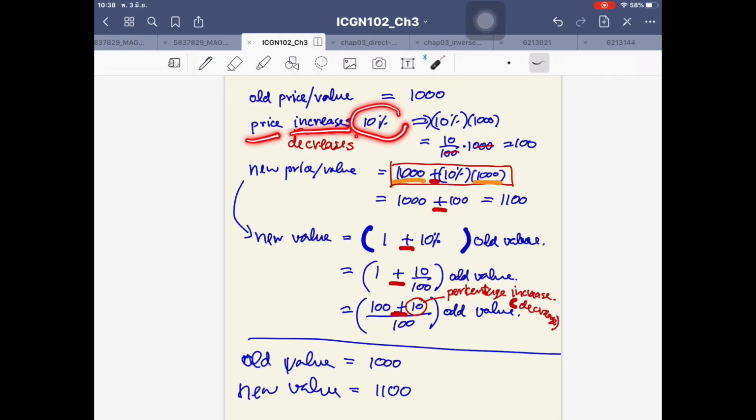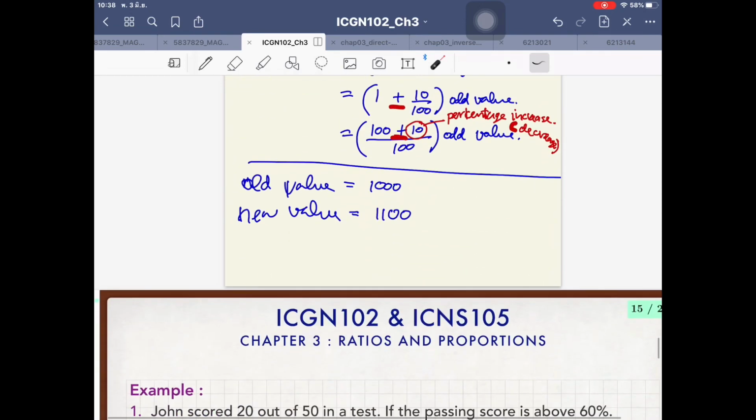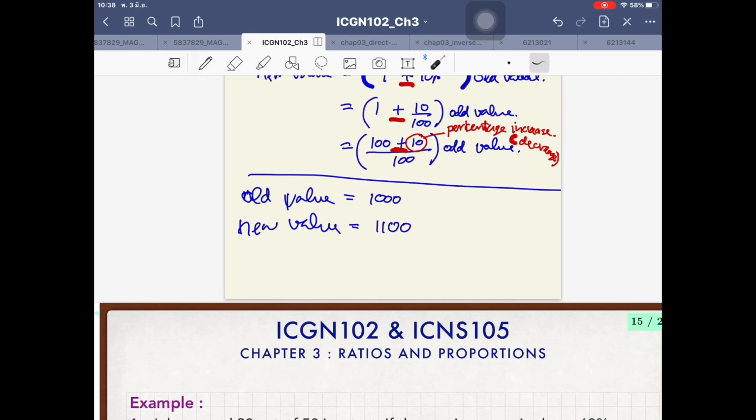The price will increase 10%, so the price will change from 1,000 to 1,100. So how can we get the number 10%? First, you take the new value, 1,100, and subtract the old value, 1,000. This term will give you 100.